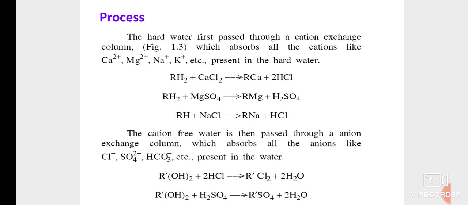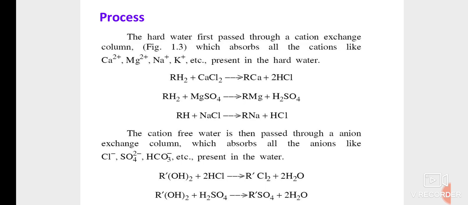Here the calcium chloride cation is Ca2 plus and the anion is 2Cl minus. The cation is absorbed by the resin R to form RCa, and the H2 reacts with the Cl2 to form 2HCl, that means 2 hydrochloric acid, which goes to the anion exchanger column. So in the cation exchanger column, RH2 changes into RCa. Are you clear?